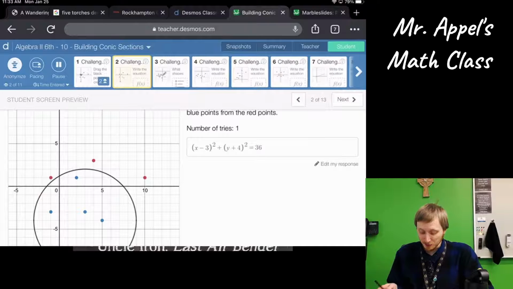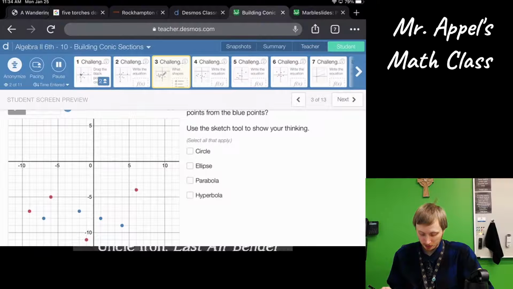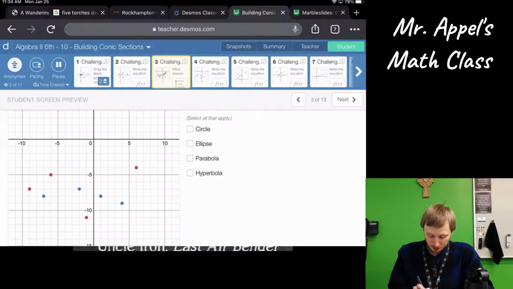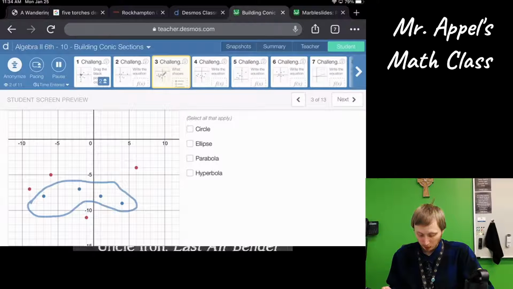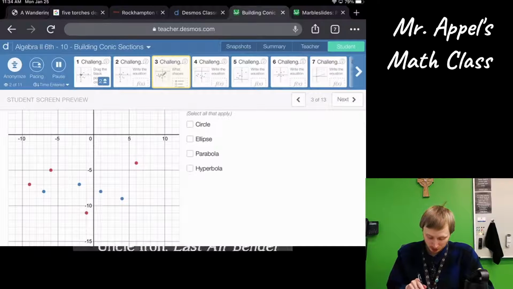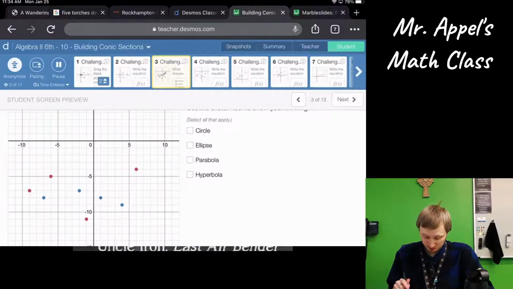All right, so that will be the gist, and I think on the third one we do get the sketching tool. Okay, so you can draw on here, and we can kind of draw, okay. A bean, a really deformed cucumber. I don't know, right? That's not a graph. Okay, can we draw something that better resembles a circle?